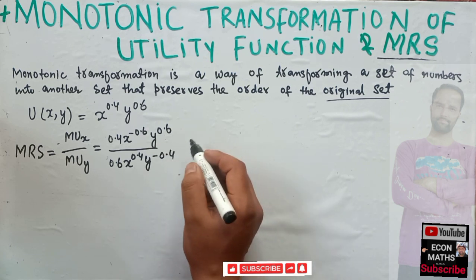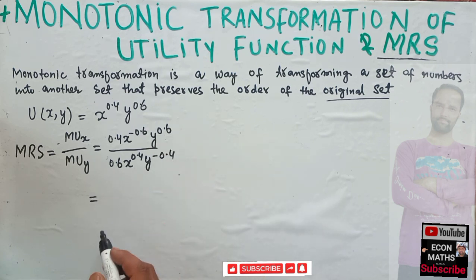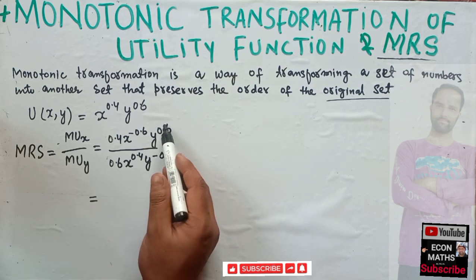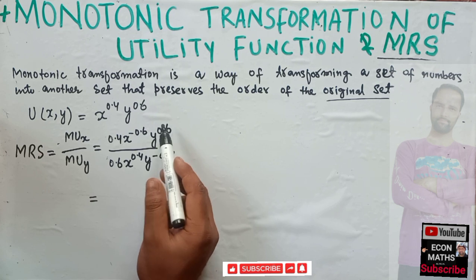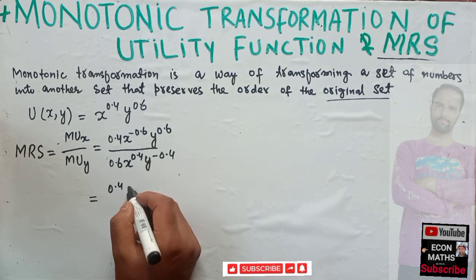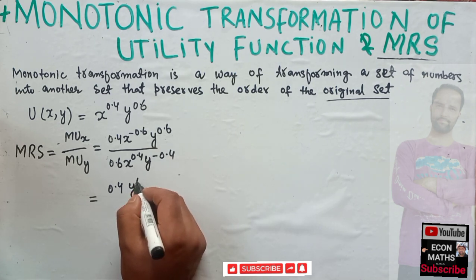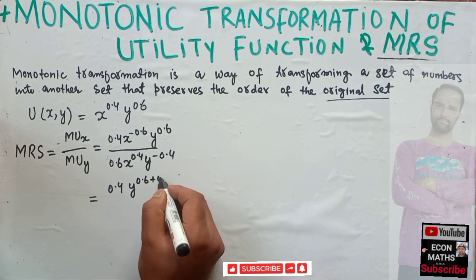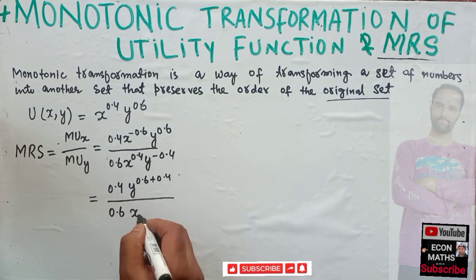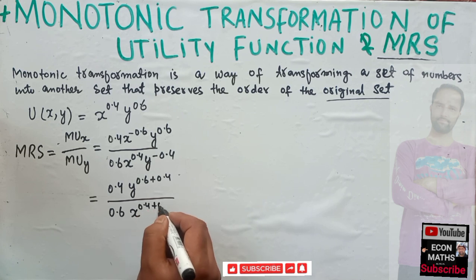If we rearrange this, transposing this term to the numerator and this term to the denominator, we will get 0.4 y to the power 0.6 plus 0.4, and here 0.6 x to the power 0.4 plus 0.6.